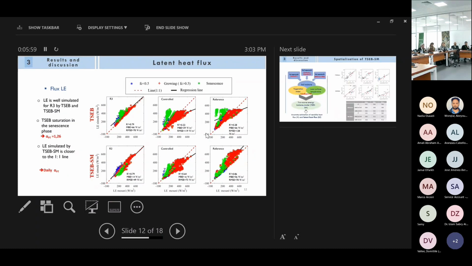Also for the latent heat flux, we can see a big improvement of the latent heat flux, or evapotranspiration, especially in the senescence period, because the classical TSEB supposes that alpha PT is always 1.26, which is not the case. It is a coefficient that decreases with time and equals 0 at the end of the senescence.